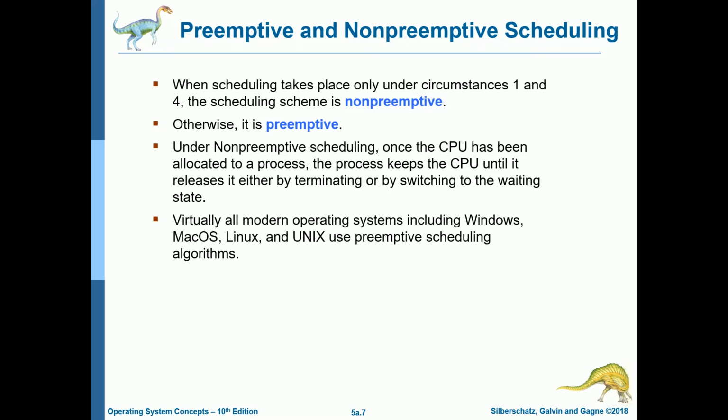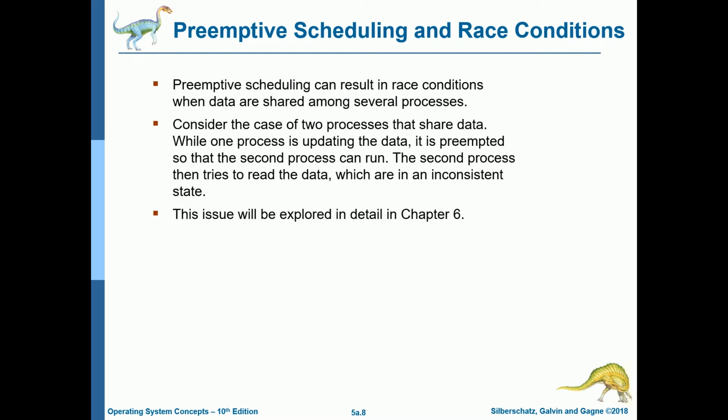Virtually all modern operating systems, including Windows, Mac OS, Linux, and Unix, use preemptive scheduling algorithms. Unfortunately, preemptive scheduling can result in bad synchronization problems, like for instance a race condition, whenever data is shared among several processes. Consider this case.